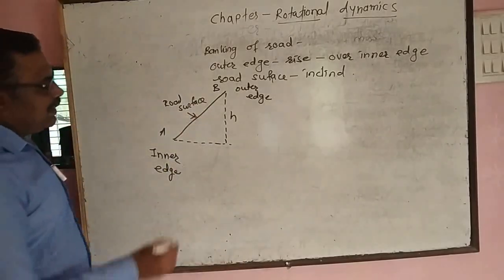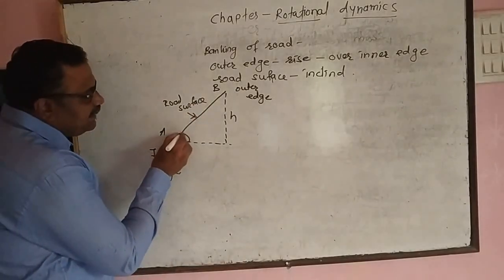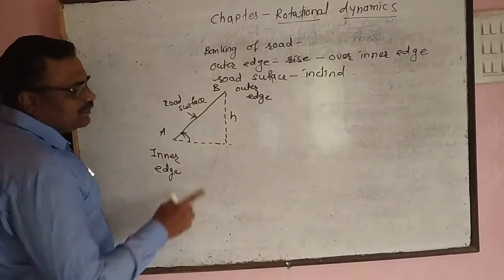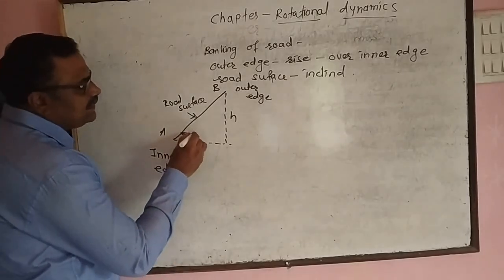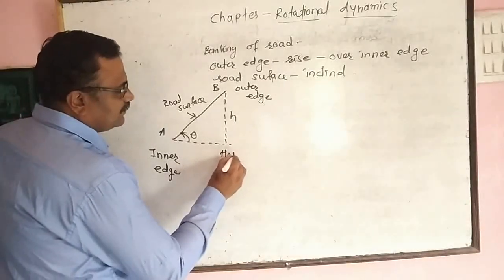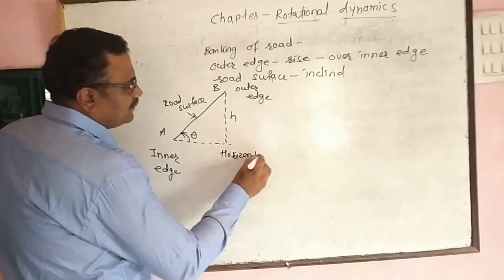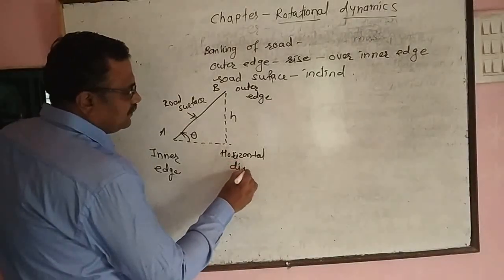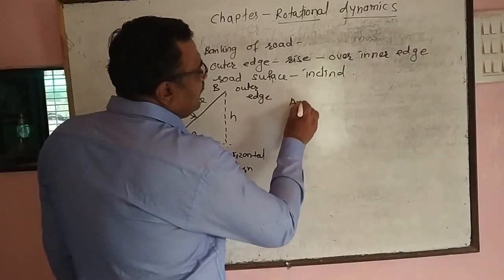Now the angle made by the inclined road surface with the horizontal direction is known as the angle of banking. What is the angle of banking?